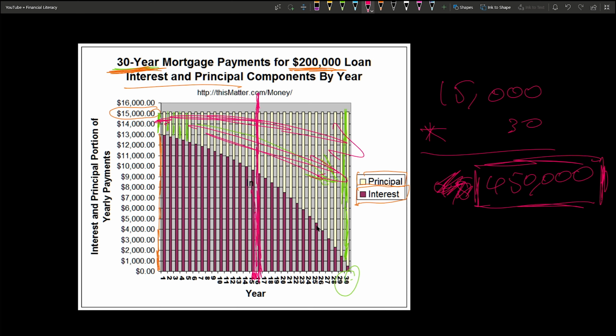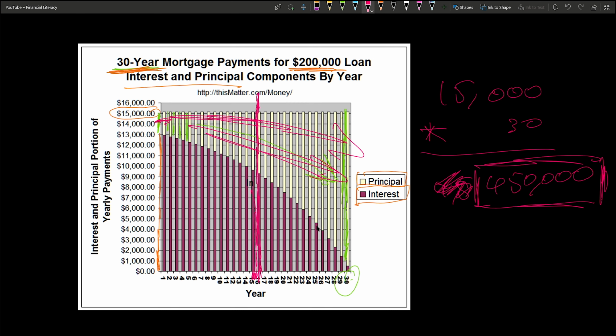Obviously, most people won't be in a situation where they've got like $200,000 lying around to buy it, so therefore they have to access a mortgage. Therefore, they'll have to go through this process of paying more interest, less principal at the start, and as time goes by, more and more principal will be paid and less of it will be interest.